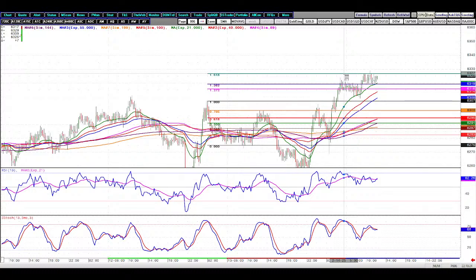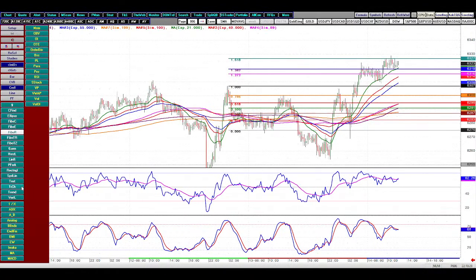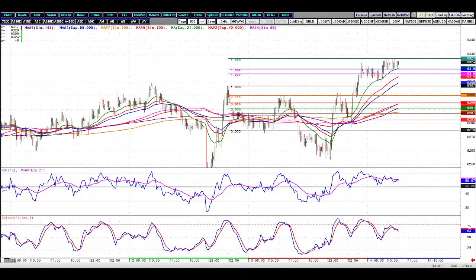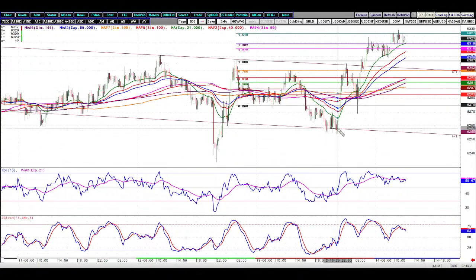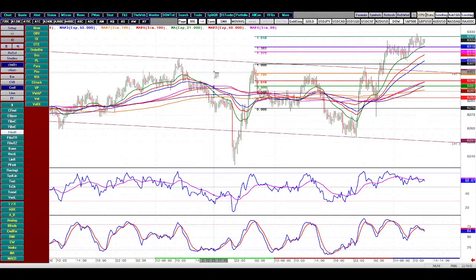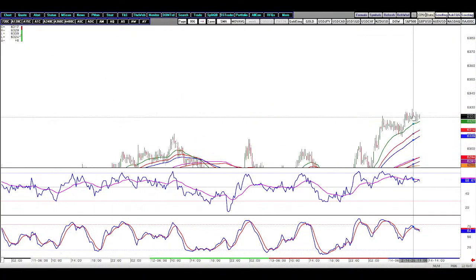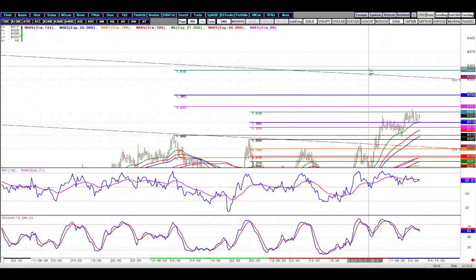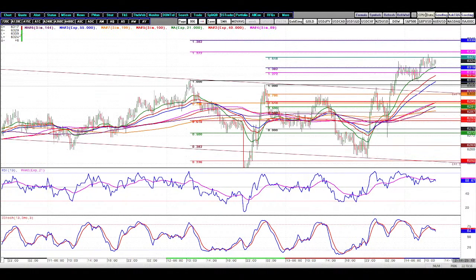Probably I'll try to sell near higher, which means 63.50 or about 63.55, or even higher, which is 63.70. 63.70 was the system.